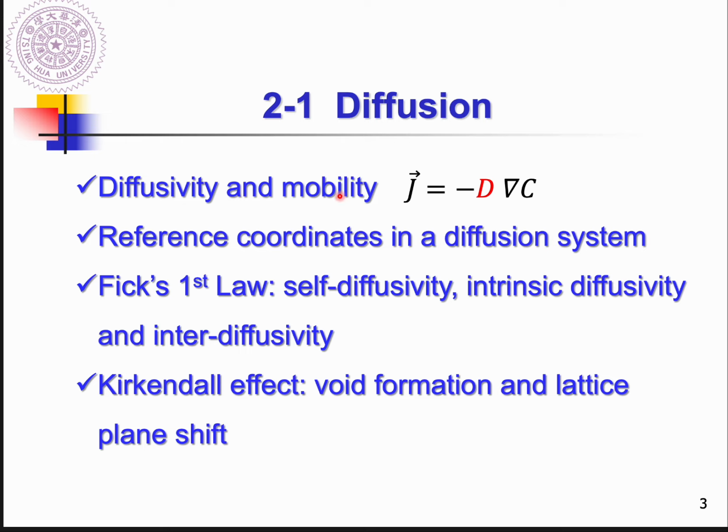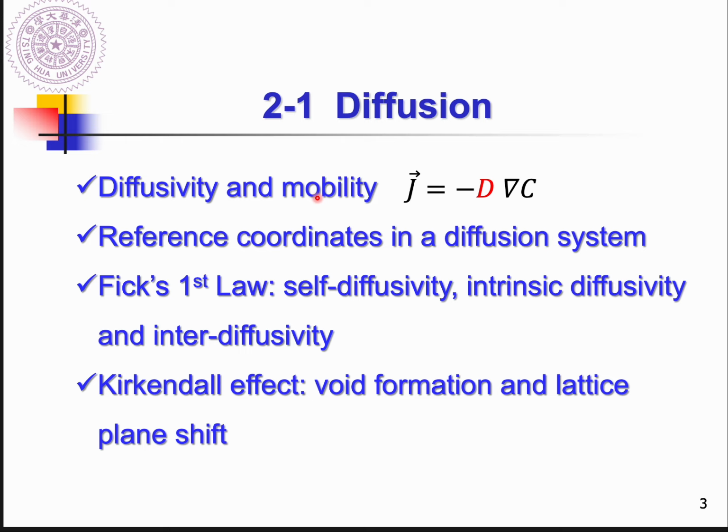And mobility, what's the definition of mobility? When you apply a unit driving force, what's the velocity of these moving atoms? We call it mobility, right? So in your mind, you will probably think the relationship between diffusivity and mobility will be something like proportional. But we need to derive the real relationship between these two material properties.